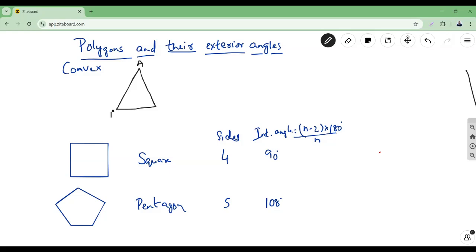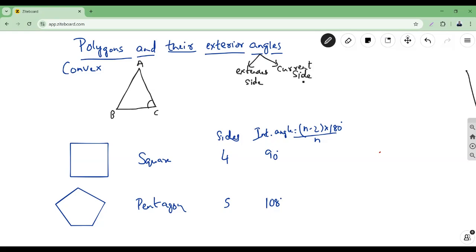Now, if it's a triangle ABC, we know this is an interior angle. We call some angle an exterior angle when the angle has two arms, right? One arm is an extended side, and another arm of the angle is a current side.